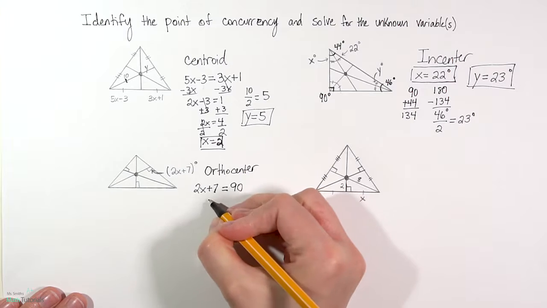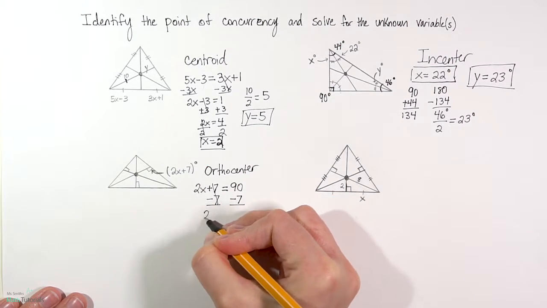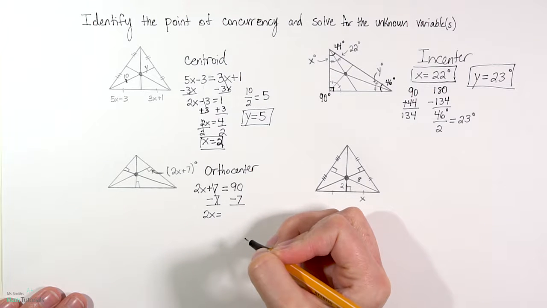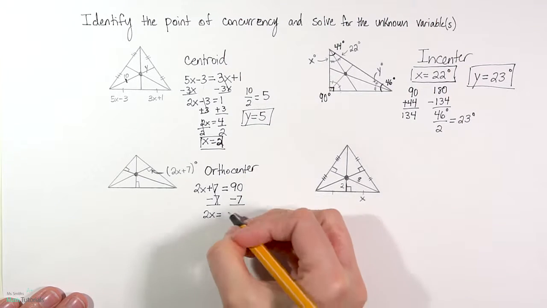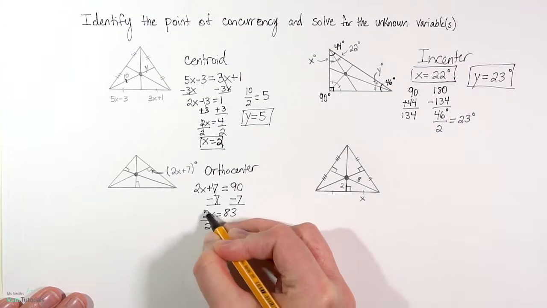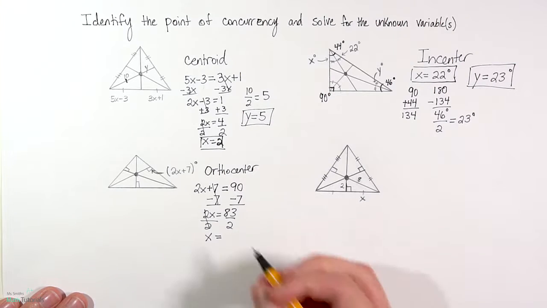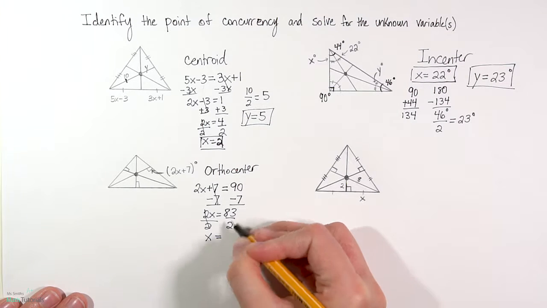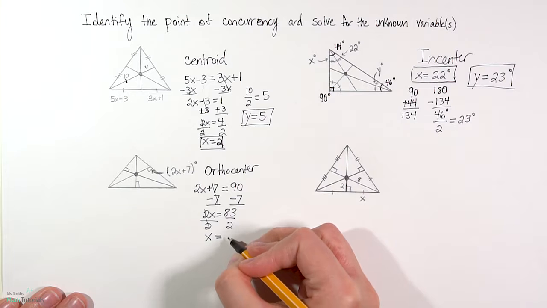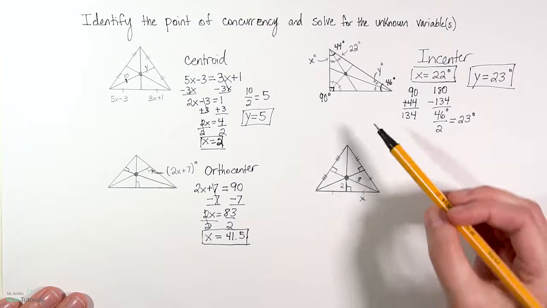So I would want to subtract 7 from both sides. And I get 2x equals 90 minus 7 is 83. And then when we divide by 2, definitely going to get a decimal here. You could say it's 83 over 2 or 41.5.